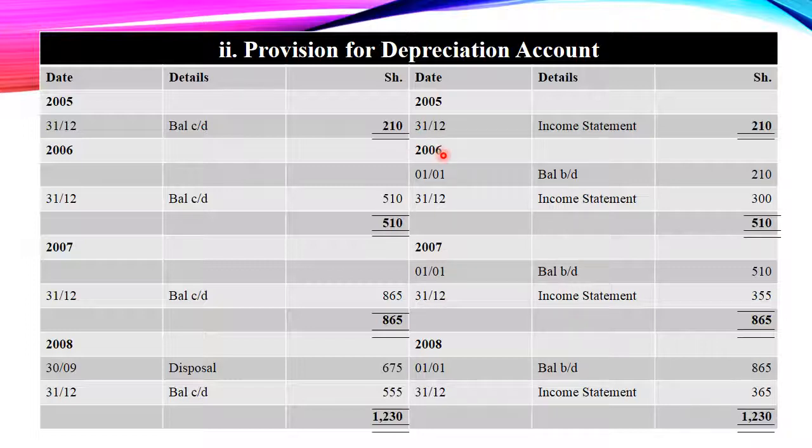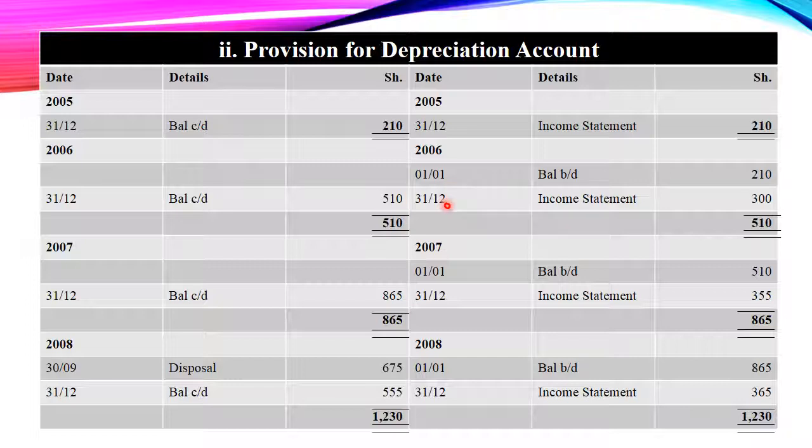Let's move to the next year. In 2006, we are going to open up the year with the provision for depreciation that was carried out in the previous period. So the balance brought forward from 2005 will be 210 on 1st of January.